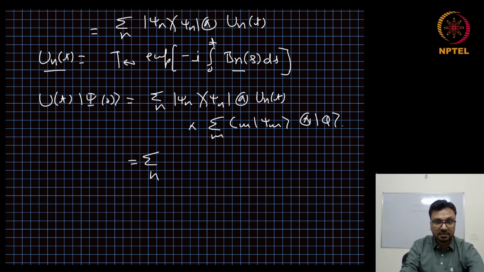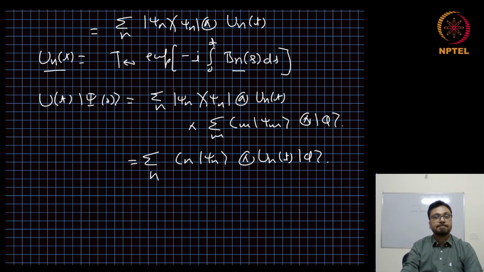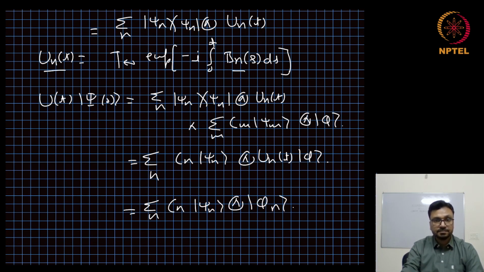So we have sum over n, Cn, ψn tensor Un(t) acting on φ. Or we can write it as sum over n, Cn, ψn tensor φn.